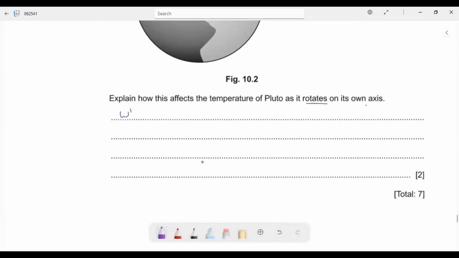So here the white surface is a bad absorber and a bad emitter. It is a bad absorber, at the same time it is a bad emitter of IR radiations. While we are taking black surface, it is a good absorber and emitter of IR radiation.